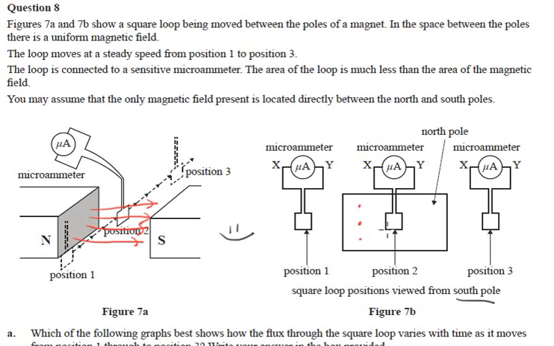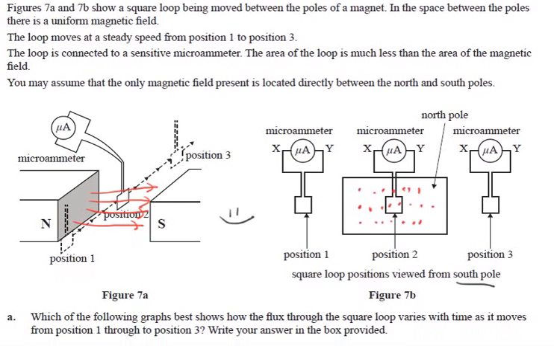So those are dots coming out of the page. Alright, so there's only field lines here, and then the loop is completely out of the field in position 1, and in position 3 it's out of the field as well.